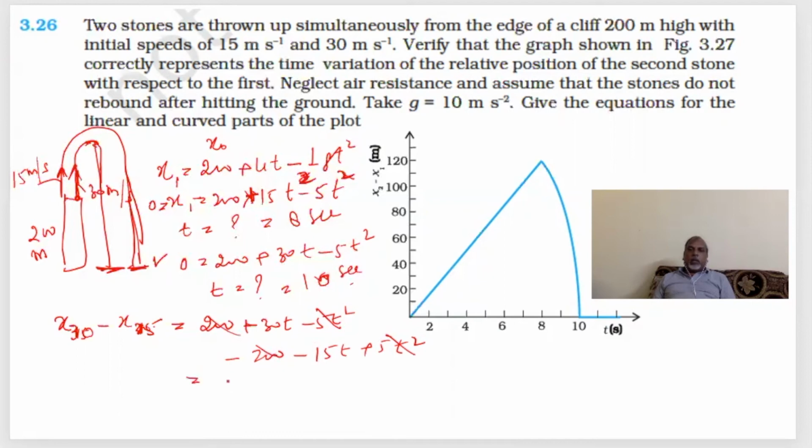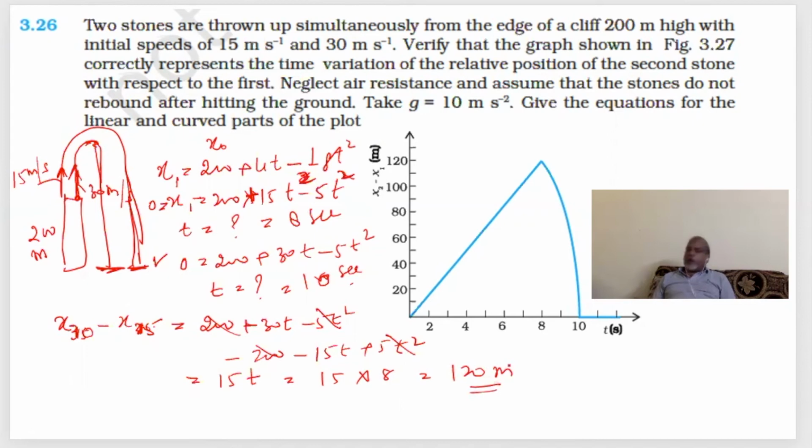That means it will give you 15t. And this will be 15t into 8, which gives you 120 meter.